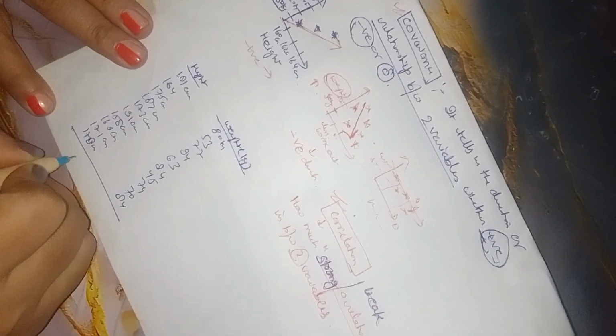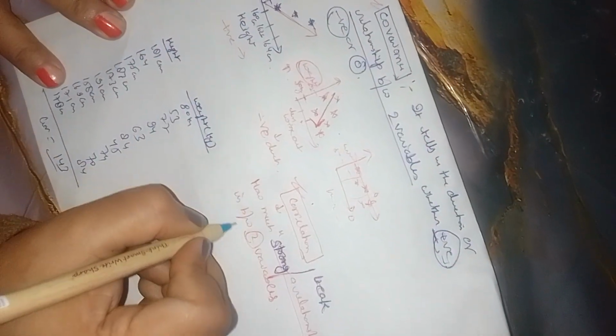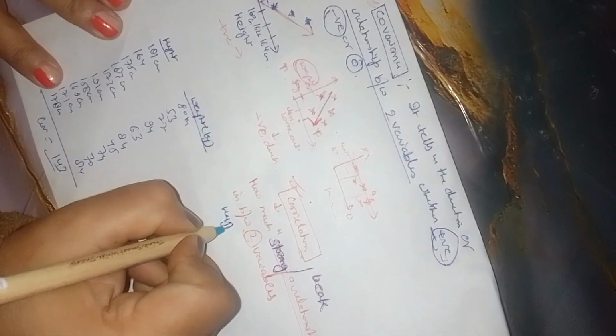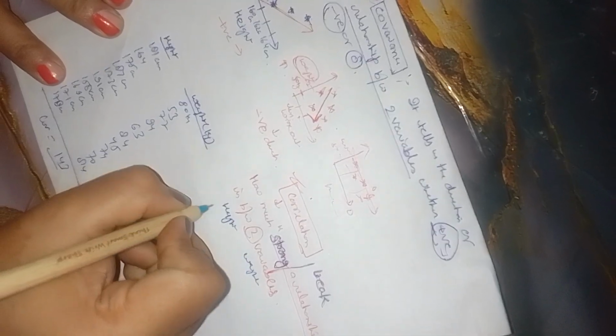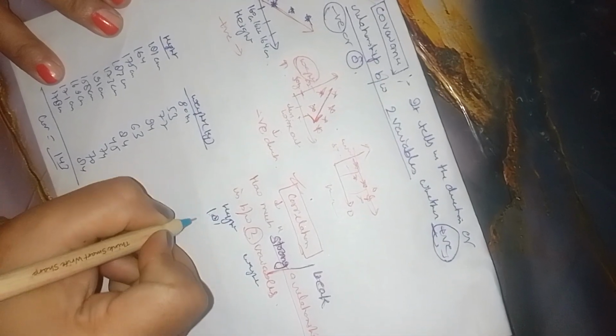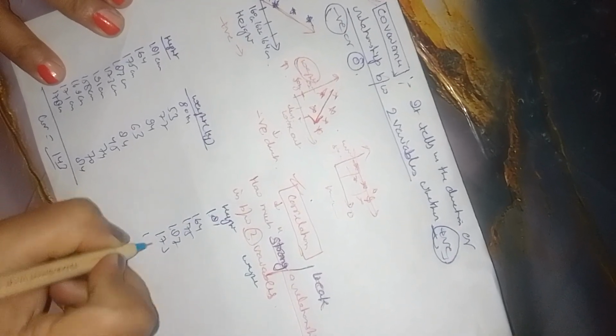So covariance is 143. And in the same way, height is 181, 164, 175, 187, 173, 191, 158, 169, 171 and 178.